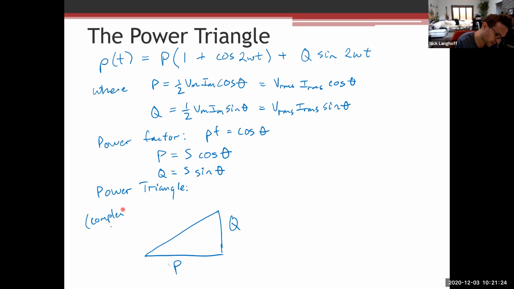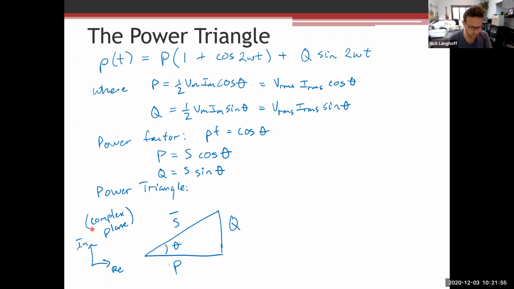S is the complex power, and theta is the angle between S and the horizontal, or real axis. This is the real axis, and this is the imaginary axis.